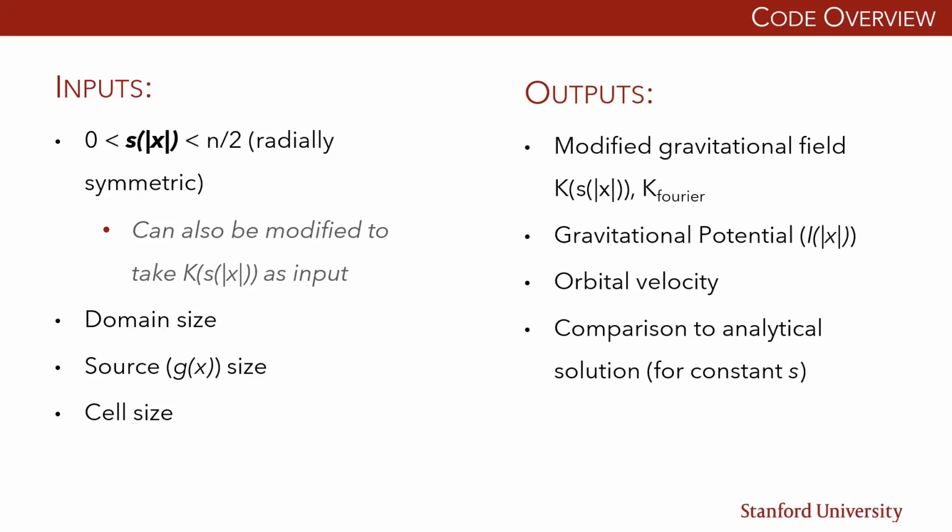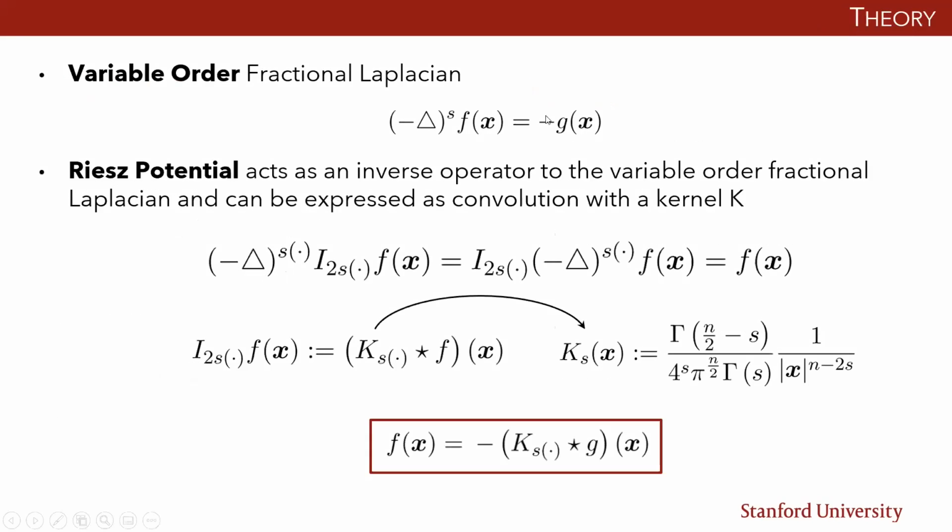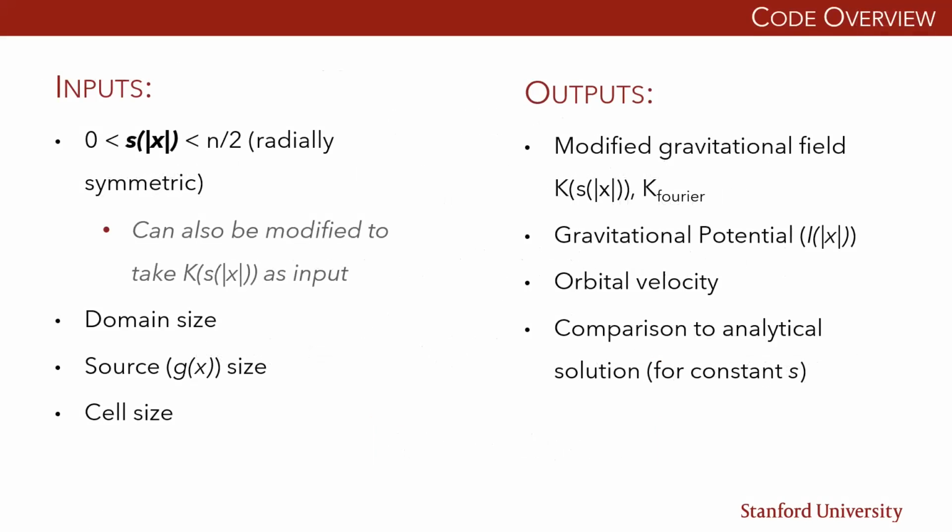The user also inputs the domain size, what we call the source, which is this g of x. In the gravitational potential problem, that is just the mass distribution, how large the mass distribution is. And then the cell size for the discretization of the domain.